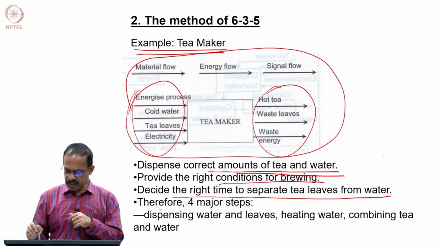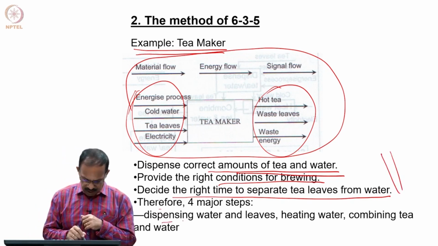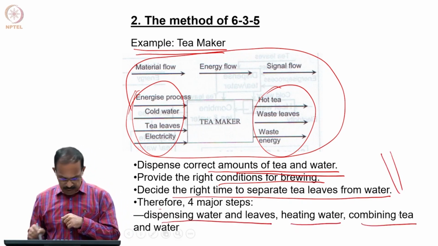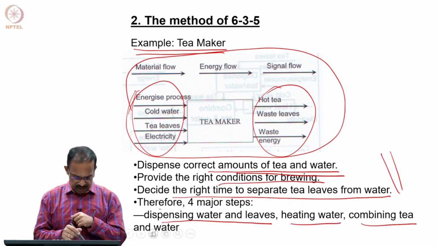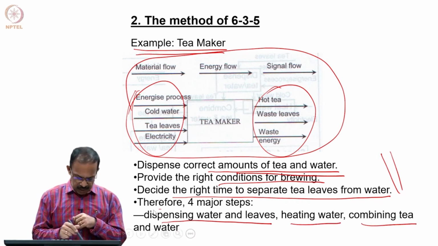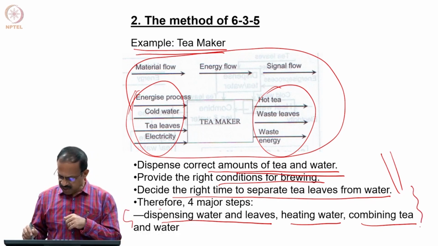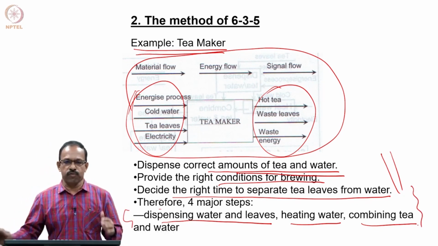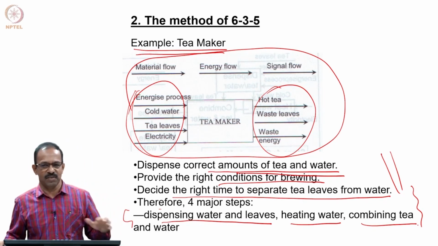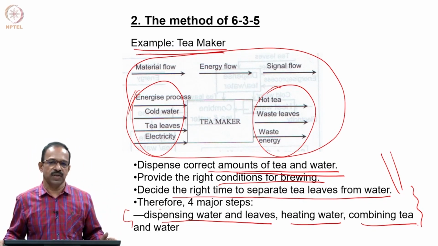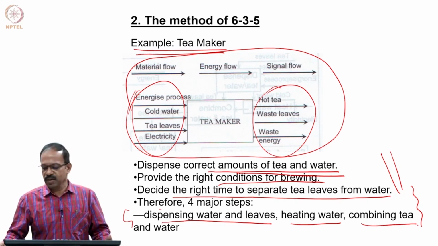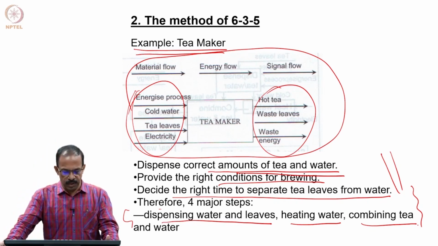So, there are different requirements. We can say dispensing water and leaves is a function, heating water is a function, combining tea and water is another function needed in the product. So, these are the functions that can be identified in the tea maker. Of course, there are many other functions needed, but we are just taking out these functions and then seeing how we can develop concepts using the 635 method.